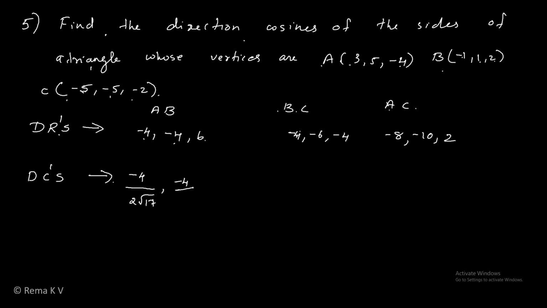Minus 4 by 2 root 17, then minus 4 by 2 root 17, then 6 by 2 root 17. Similarly, you can find the direction cosines of BC and AC. For BC it is minus 4 by 2 root 17, then minus 6 by 2 root 17, then minus 4 by 2 root 17.